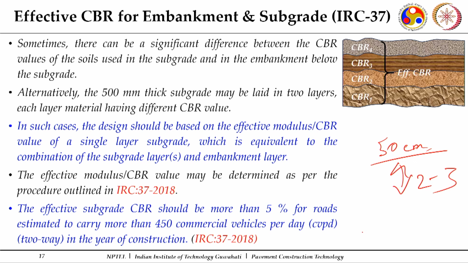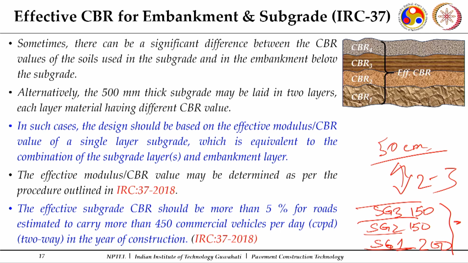Now, in each layer, suppose I construct the bottom one with a thickness of 200 mm, the second one of 150 mm and the third one again of 150 mm.